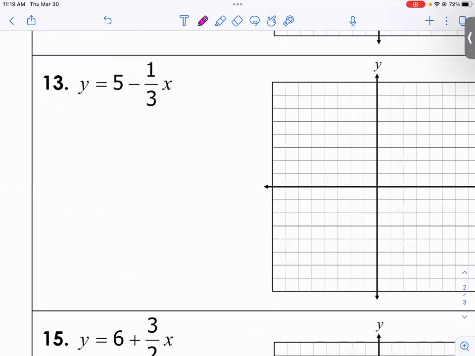Ooh, what do you notice about number 13? Oh, it is not in the right order.